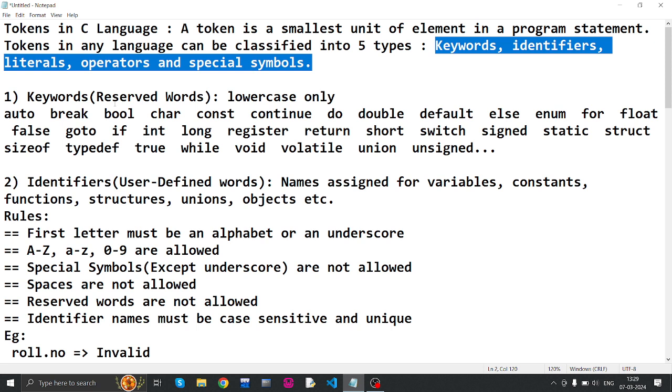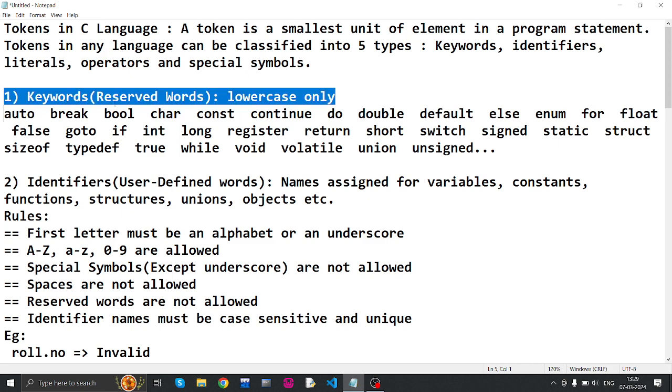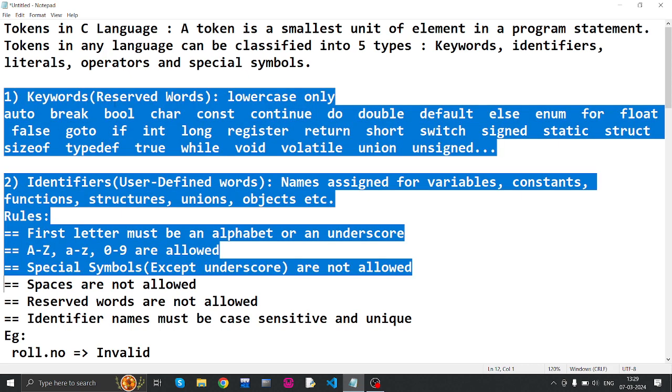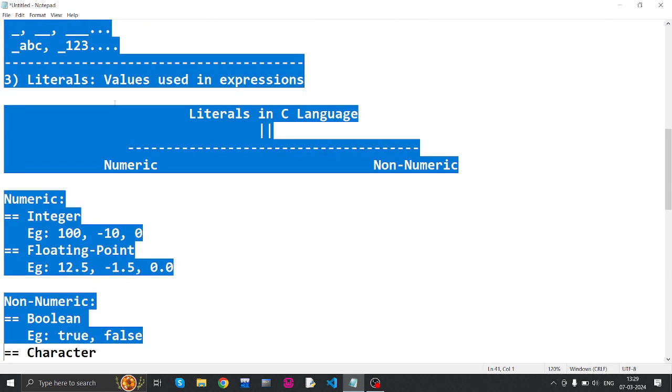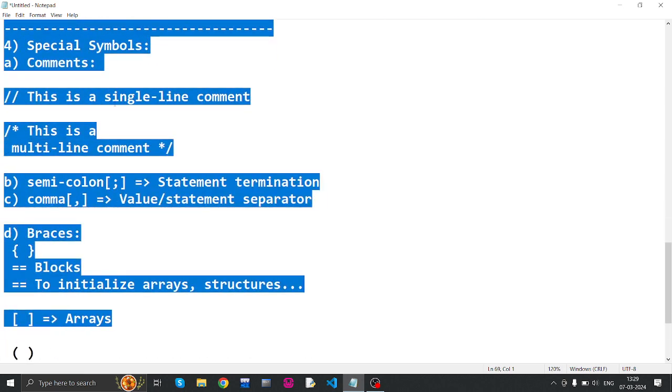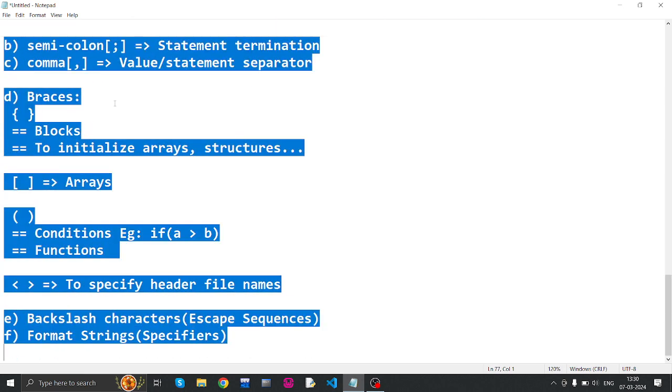These are the different types of tokens supported by C programming language. Here we have discussed 4 types of tokens: keywords, identifiers, literals and special symbols. What about operators?